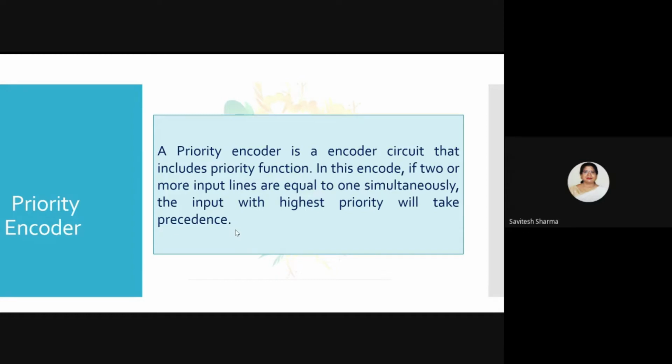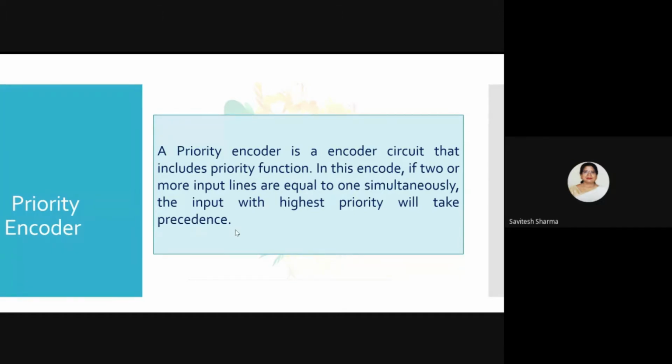Here I am taking equal to 1, an active high assumption. If you are taking active low, the case will be reversed. Your encoder will respond based on the priority, so you will assign a priority for each input.